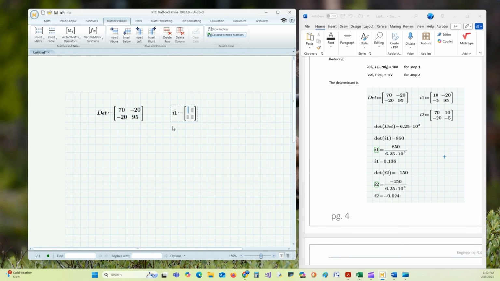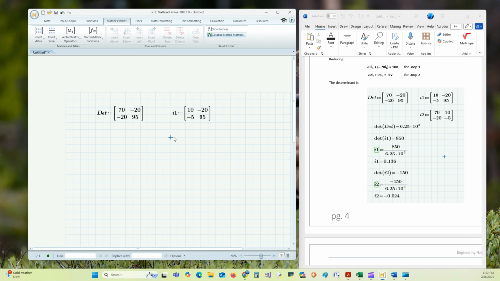So this becomes the I1 determinant. So we enter 10, tab to negative second one, which is negative 20, enter negative 20, tab, negative 5, tab, 95. Check, looks good.